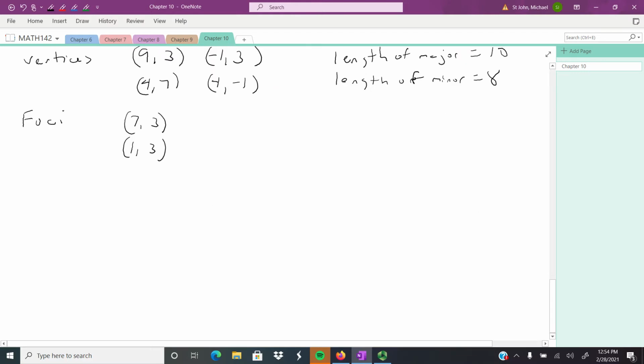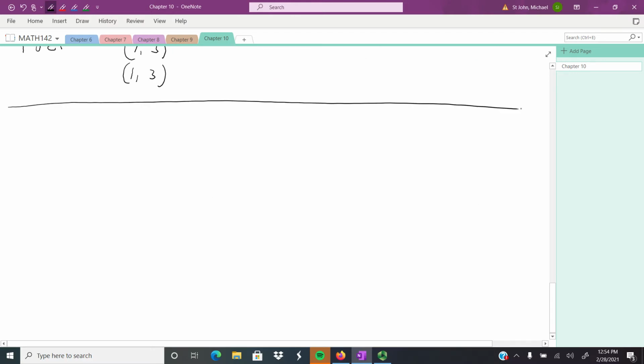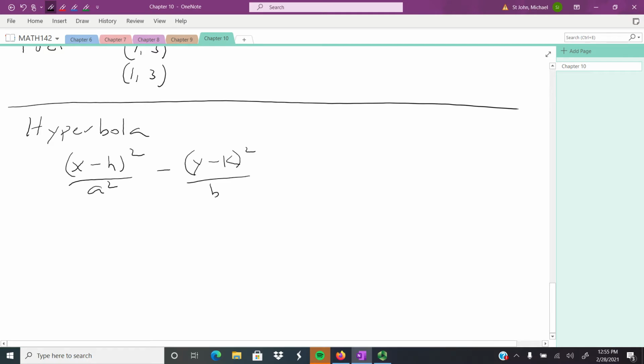And then the next conic they talk about is a hyperbola. The general form is (x minus h) squared over a squared minus (y minus k) squared over b squared equals 1, or (y minus k) squared over a squared minus (x minus h) squared over b squared equals 1.